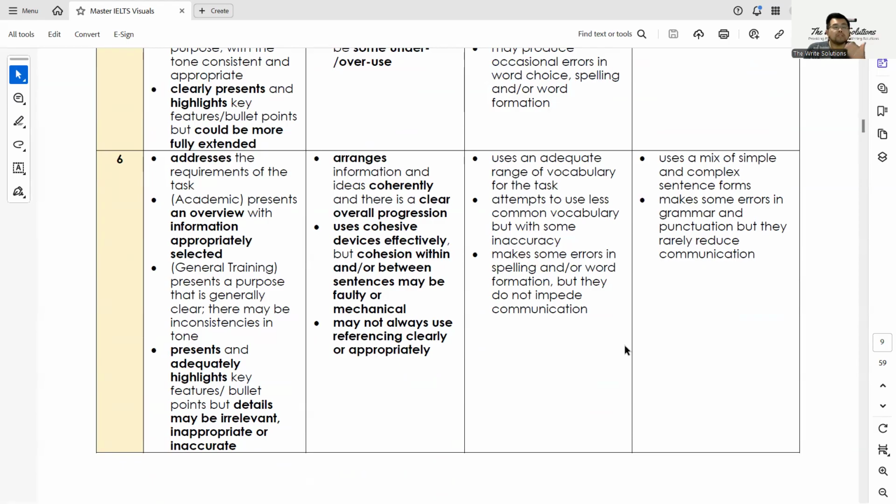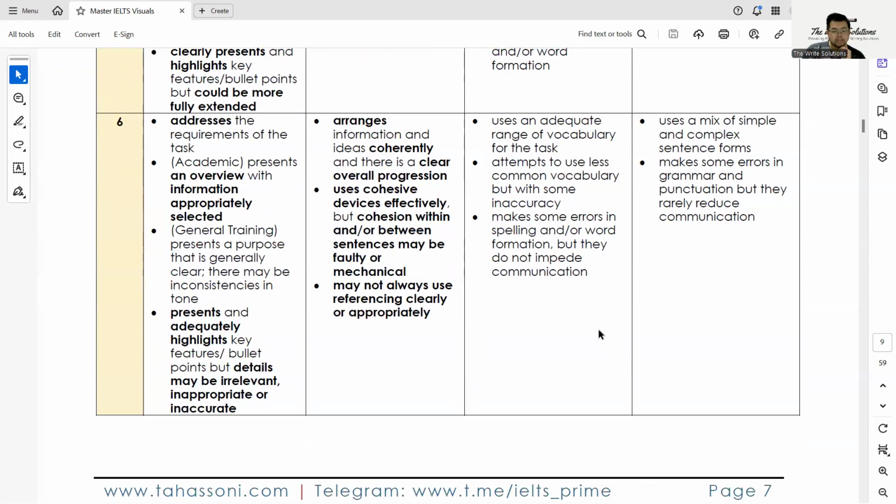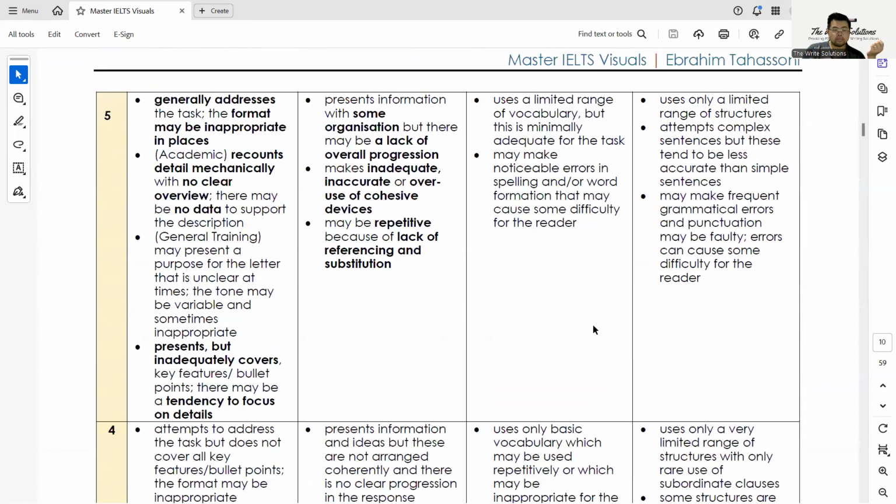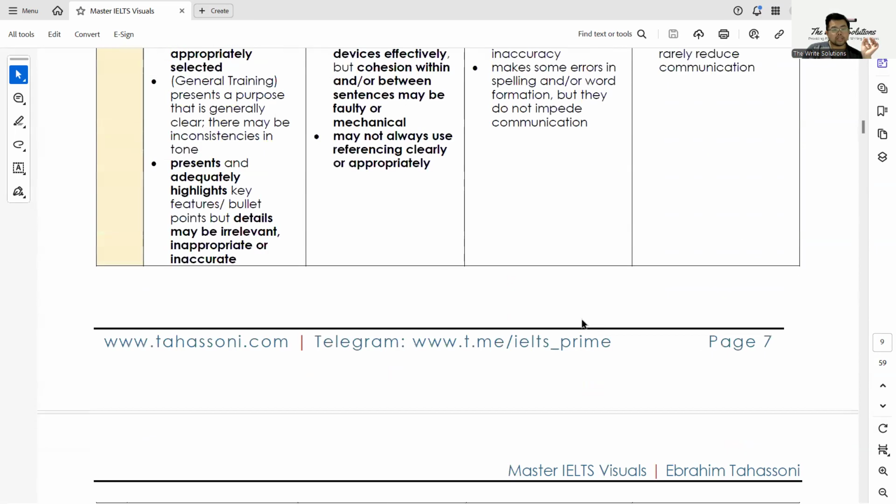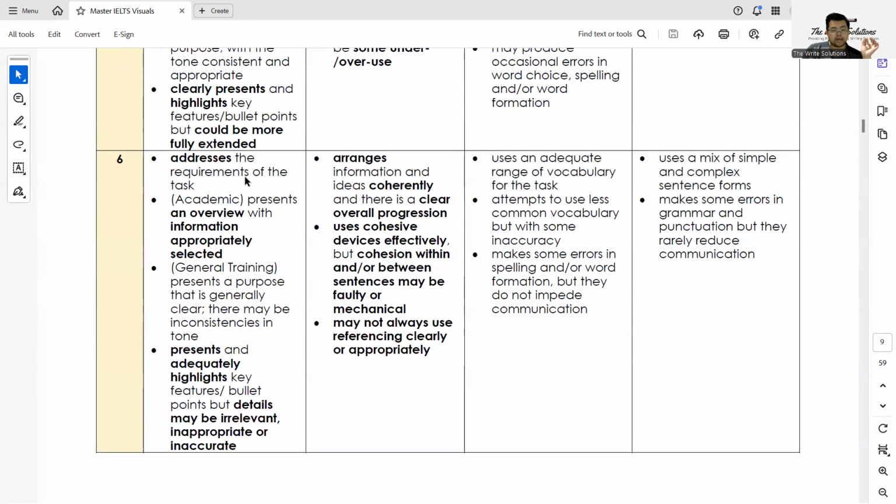It's supposed to be 17%, but you put 18%, or you mixed some percentages around. It goes even lower. Band 6 addresses the task.